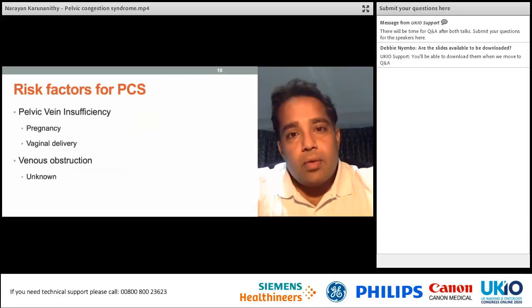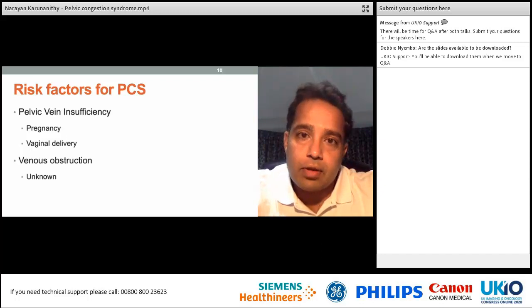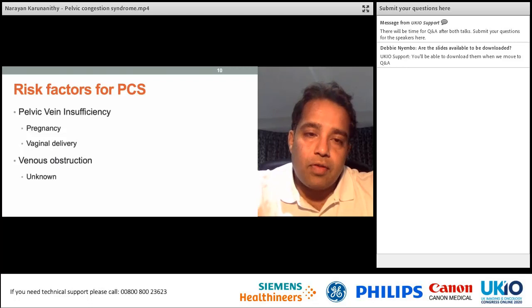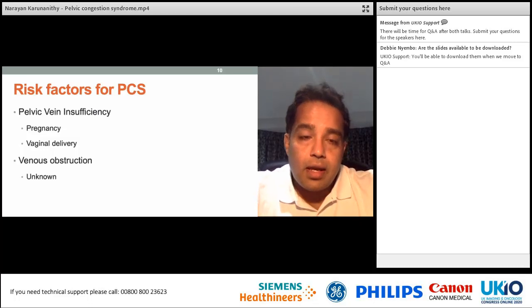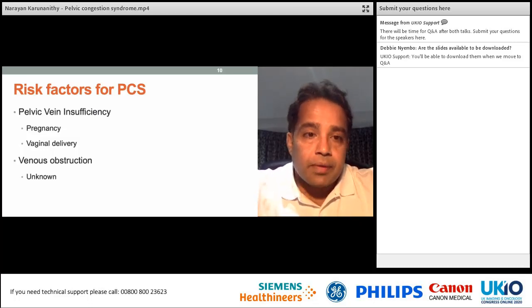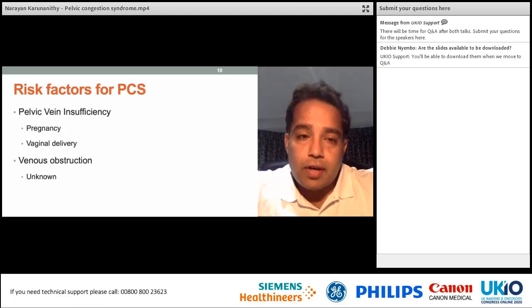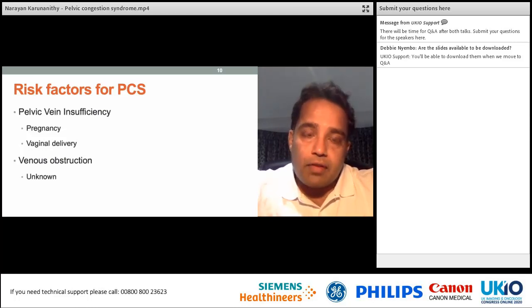So we know, in terms of risk factors for pelvic congestion syndrome, pelvic vein insufficiency, there are a number of risk factors that have been described, but the most important one is pregnancies. We know that multiparous women, particularly if they've delivered the children by normal vaginal delivery, are much more prone to getting pelvic vein insufficiency.